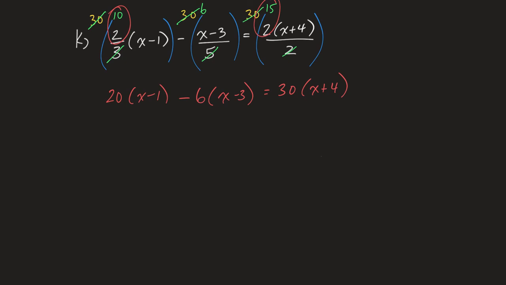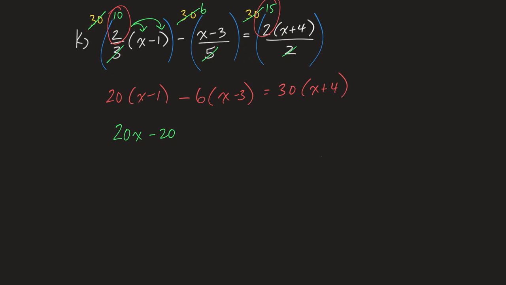And we come in on the red. However, I would have a bunch of you that would feel pretty confident to put the 10 and the 2 together and expand it in one go. So we're going to take our 20 and expand it in. That's a 20x minus 20.